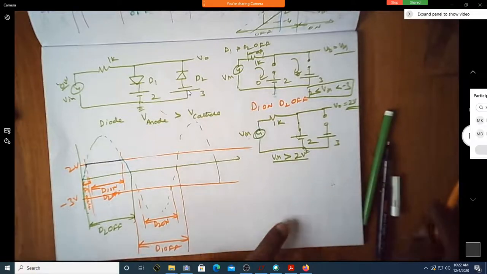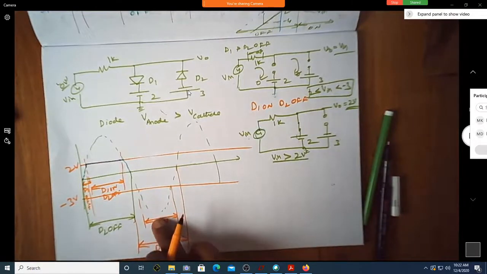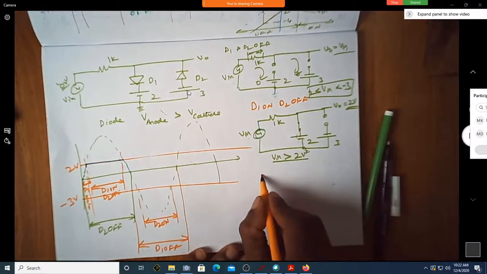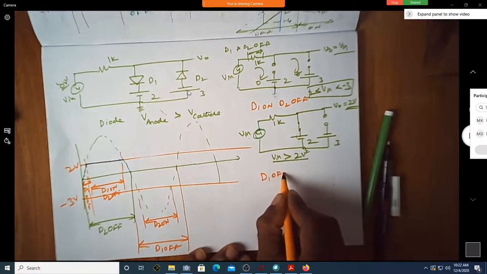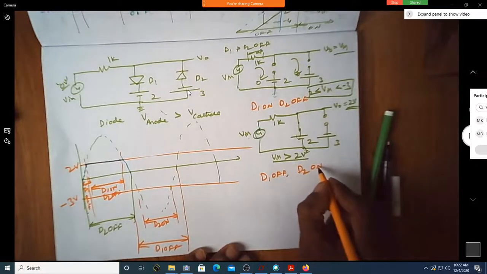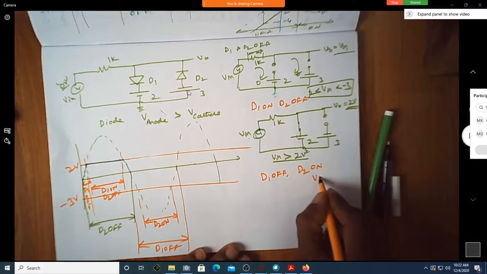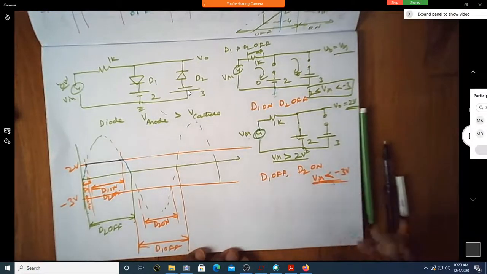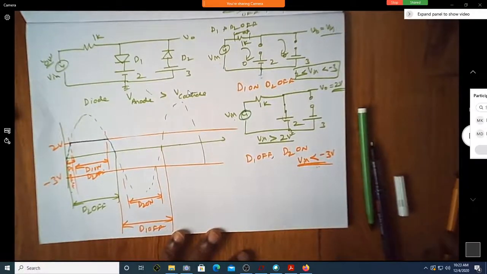D1 is anyhow off during the entire negative half cycle. Shall I write one more condition where D1 is off and D2 is on? When will this happen? When V in is lesser than minus 3 volt.